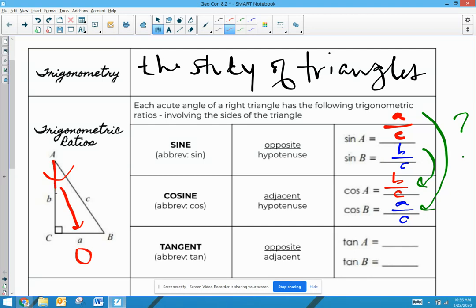The adjacent side is touching, and the hypotenuse is across from the right angle. So I want the opposite side over the adjacent side. So I'm not just going to write O over A, I'm going to use the sides that I need there. So that's going to be opposite over adjacent, so that should be side A over side B.